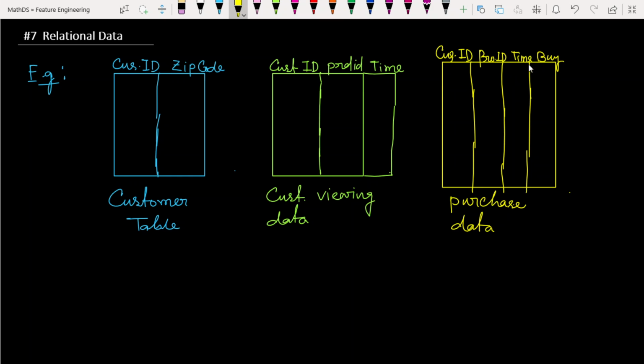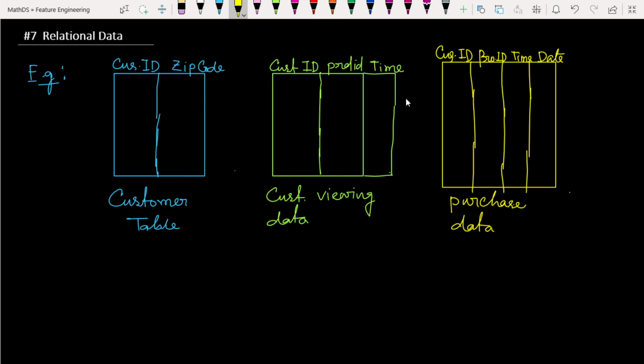That is the meaning of this table. This is the customer ID and this is the corresponding product ID, how many times they bought it, and it is better to also have the date or time here.